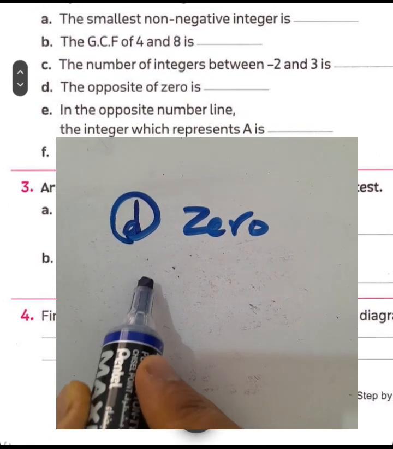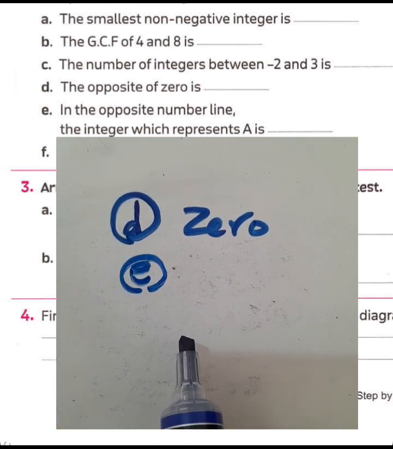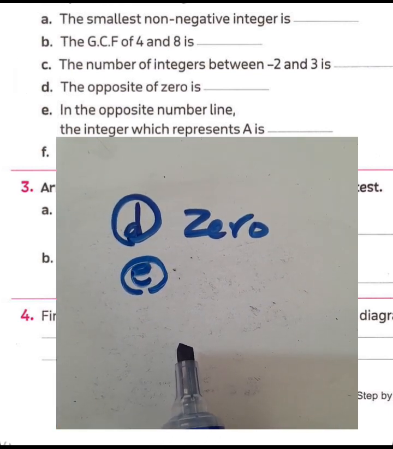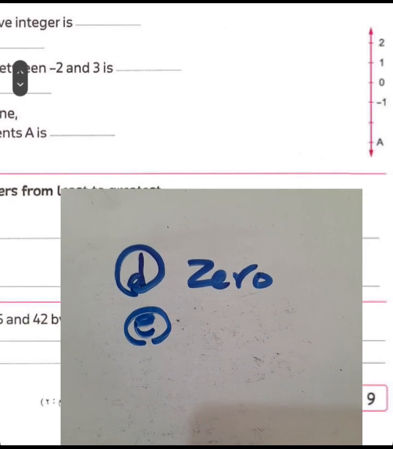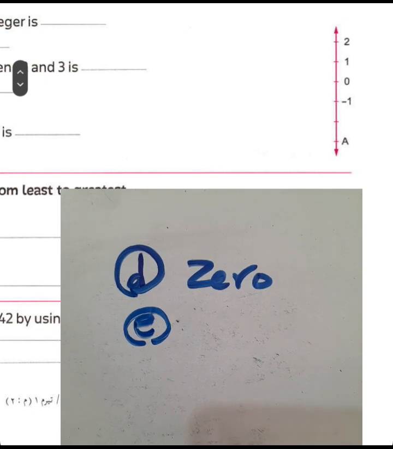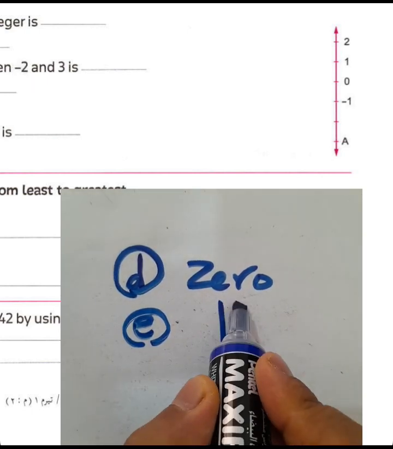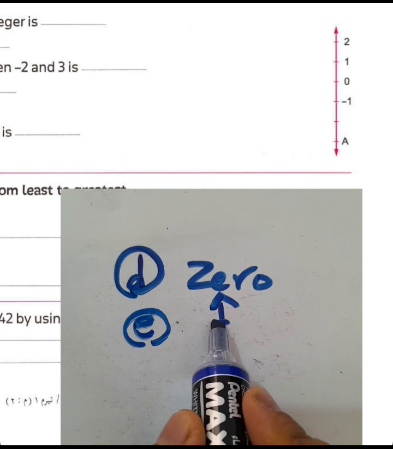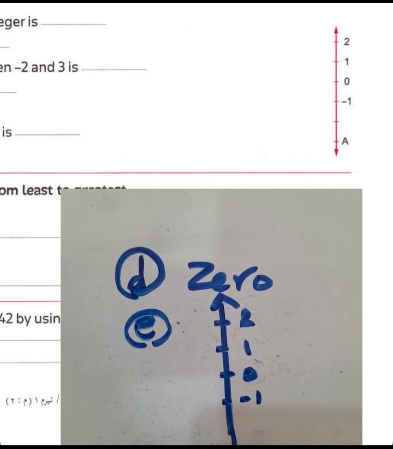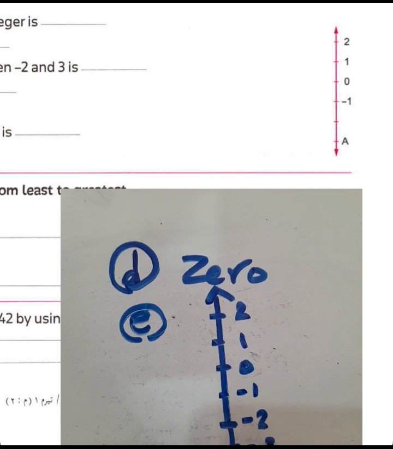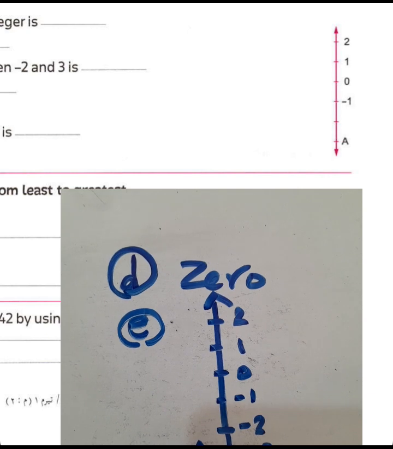Question letter E, in the opposite number line, the integer which represents A is, look here. We have a number line vertically. Here we have 2, 1, 0 and -1, and we must write -2 and -3. He put A here, so A will be -3.